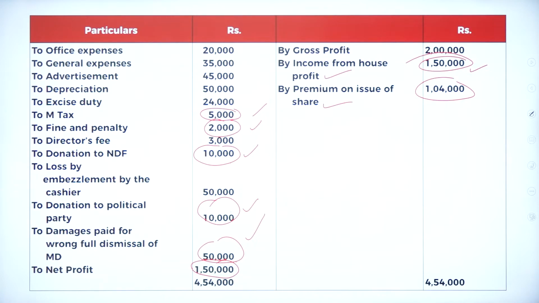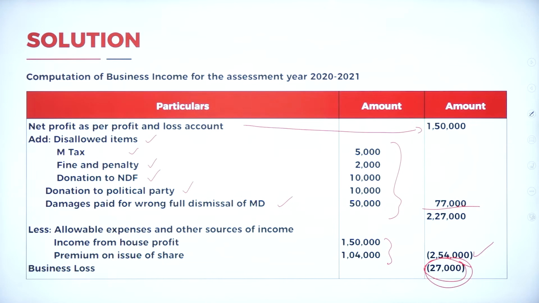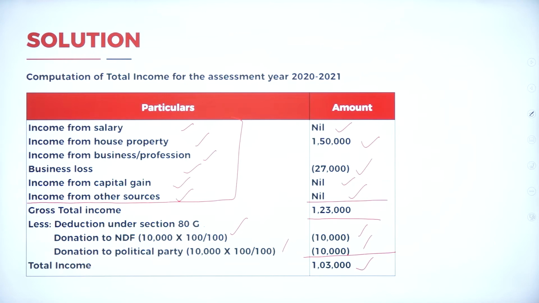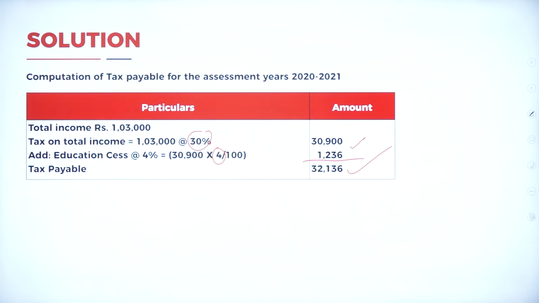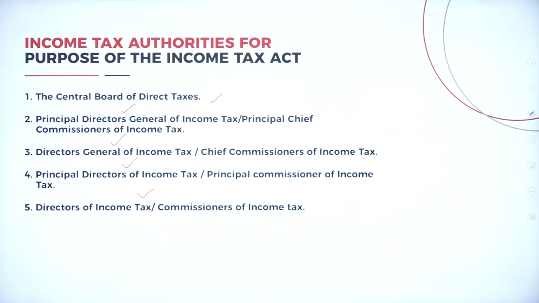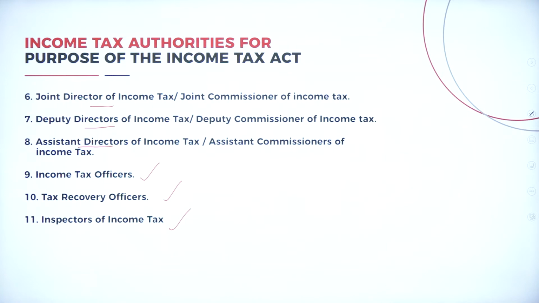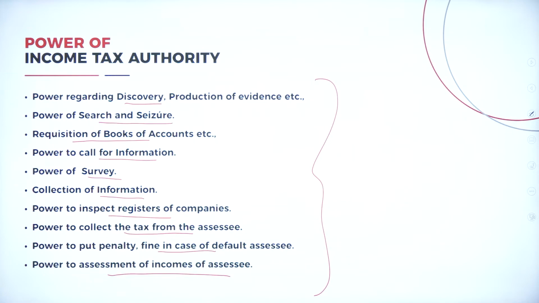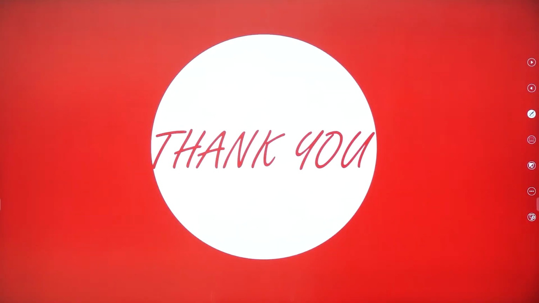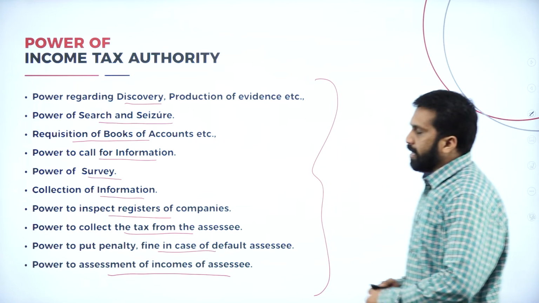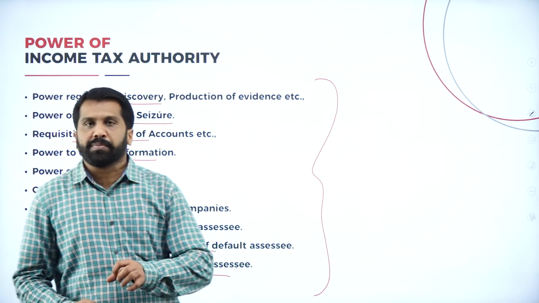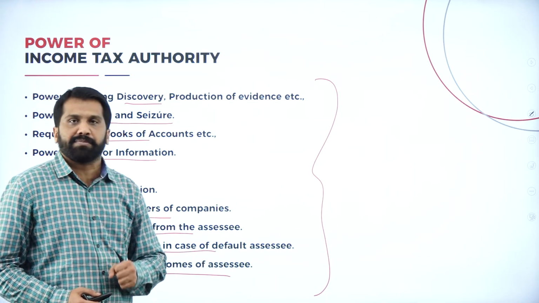Remember 1, 2, 3, 4, 5 items we added, 2 items we deducted. And this is the solution. Next part of the solution. These are income tax authorities for the purpose of the Income Tax Act. Power of income tax authority. Yes. So these are your internal assessment syllabus as well as explanation.